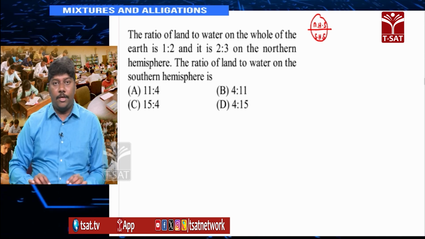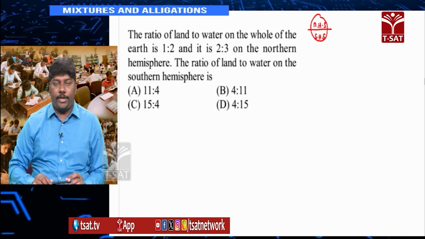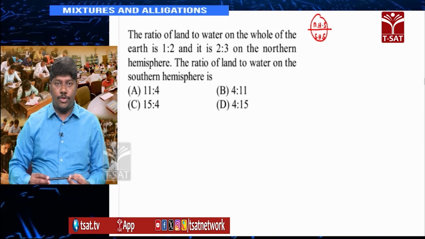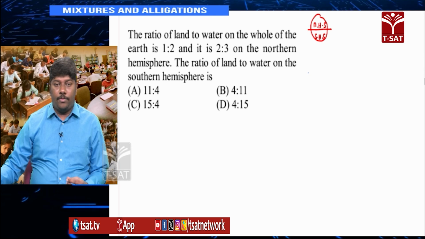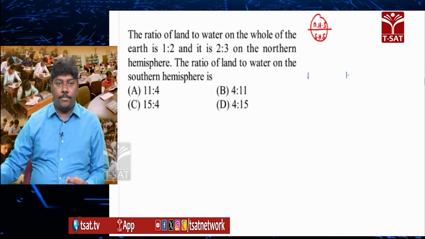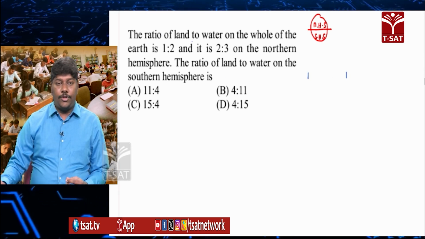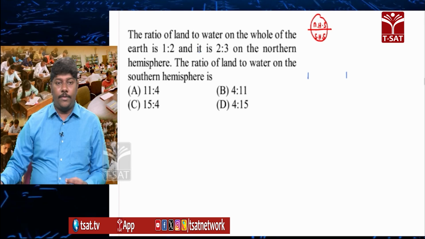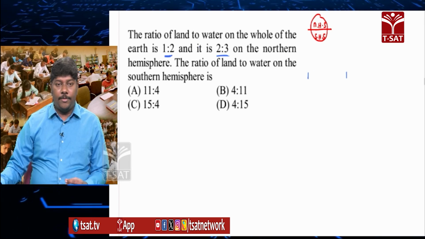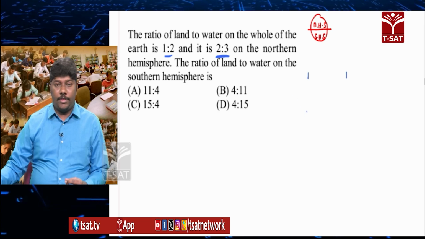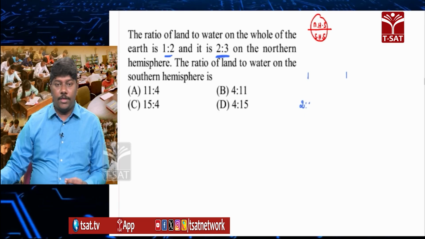Therefore, you are actually mixing them in 1:1 ratio. So I will take it 1:1 ratio. Now see, the ratio of land and water on the whole earth is given as 1:2, and on the northern hemisphere it is 2:3.